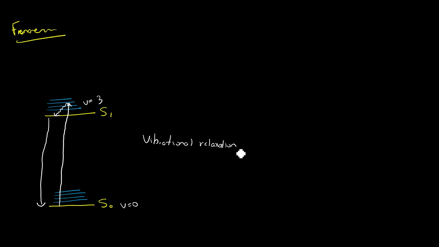Okay, vibrational relaxation. A thing you need to understand about this, most common problems which are very popular in exams, is about fluorescence. Let's say this absorption energy is E absorb and emission energy is E emit.